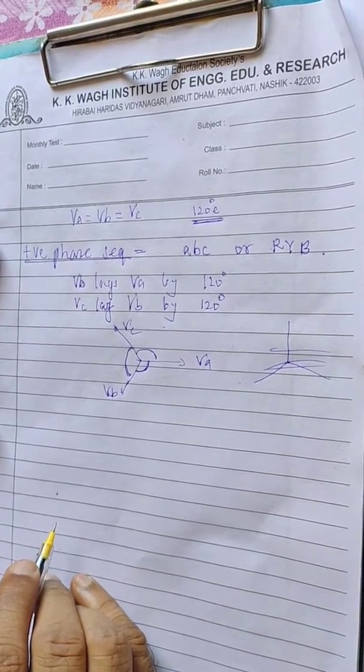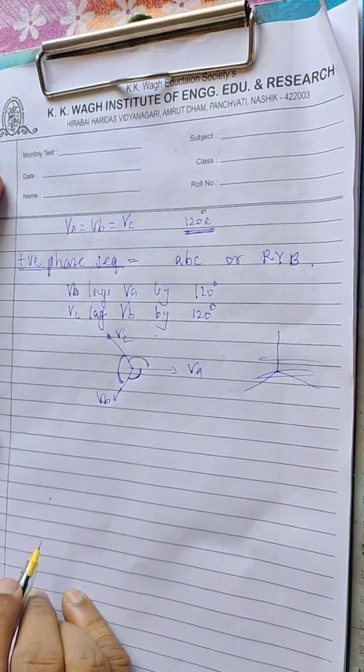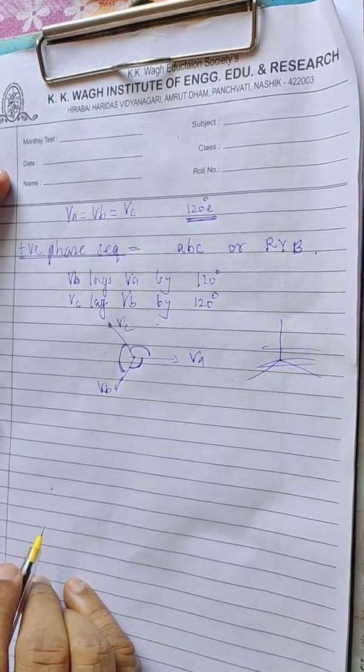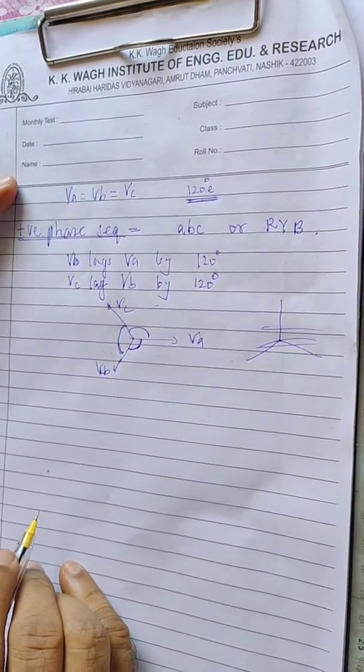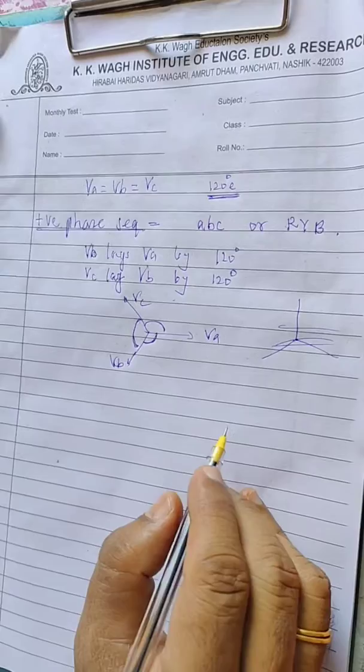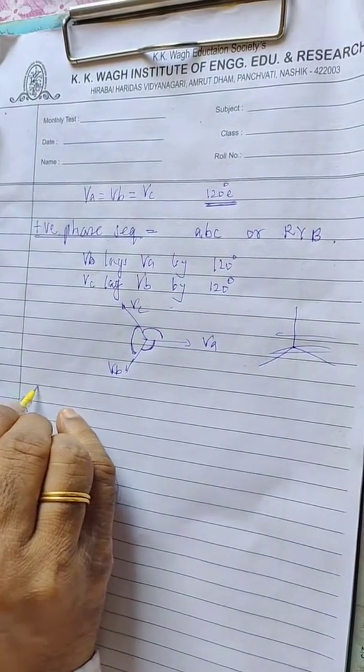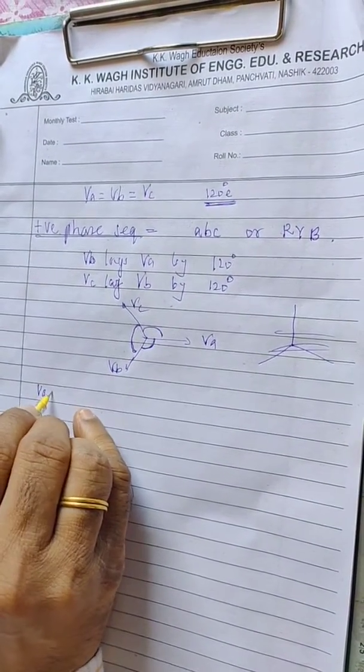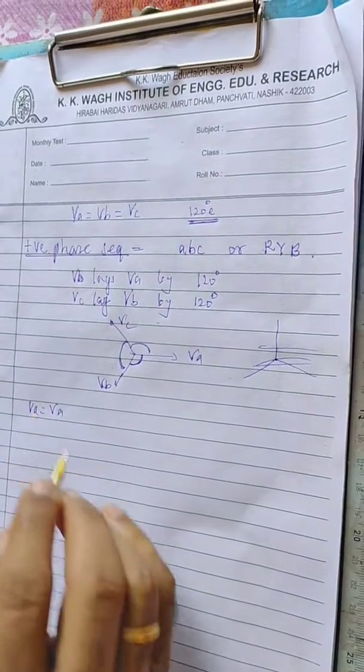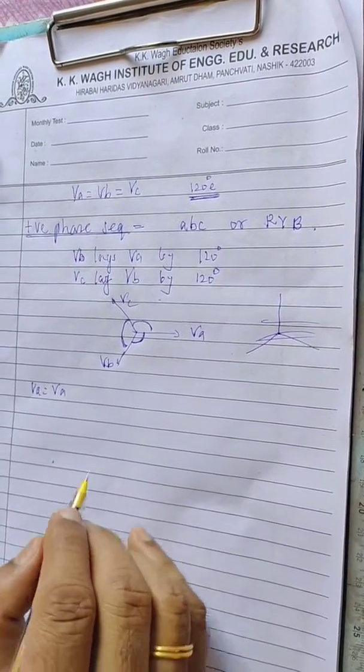The three phasors are expressed in terms of a reference phasor. Here VA is taken as the reference phasor, at an angle of 0.